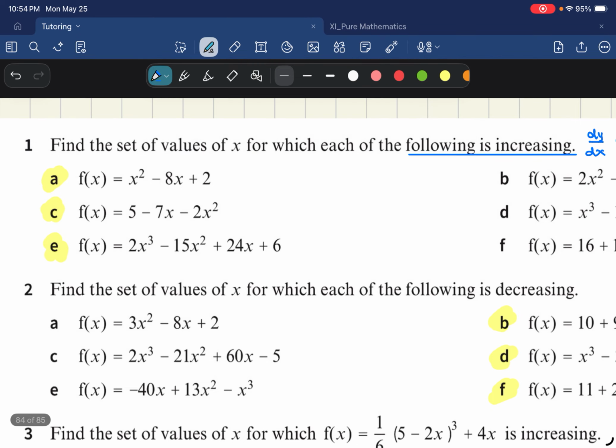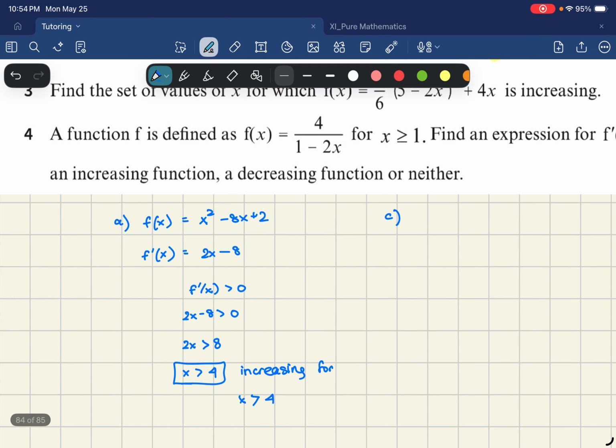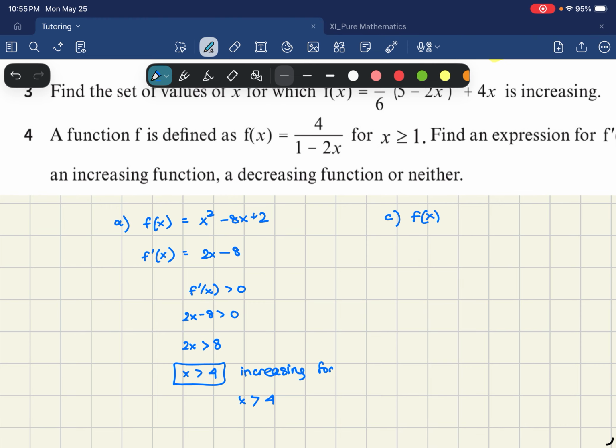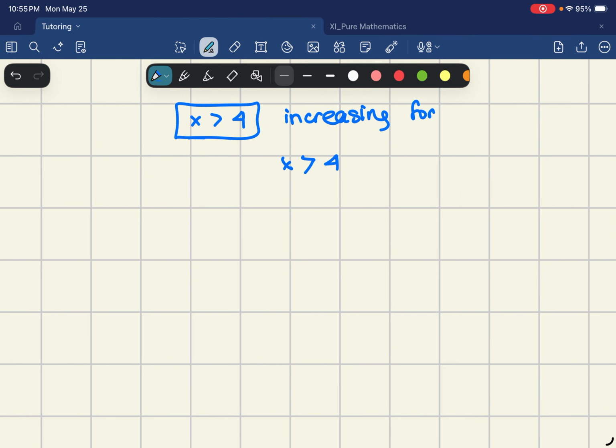So sometimes you have this distinction: for an increasing function, if a is less than b, f of a is less than or equal to f of b. This is still considered to be increasing. And in this case, we would have said x is bigger than or equal to 4, right?